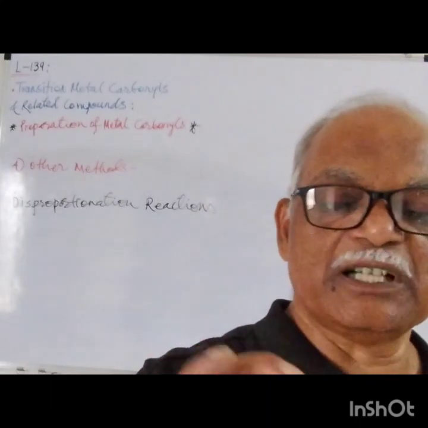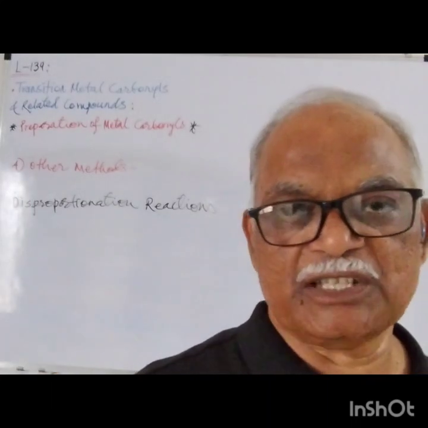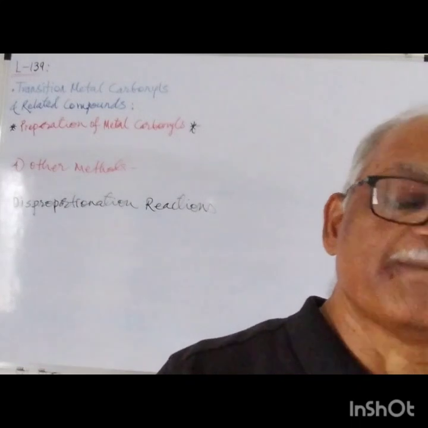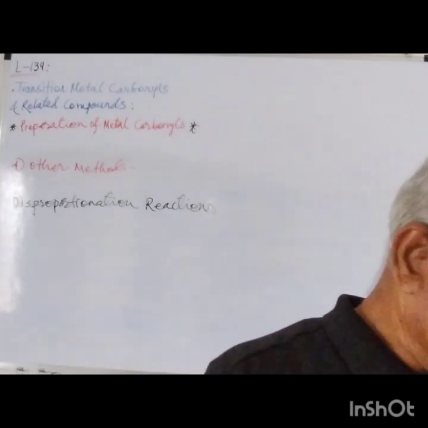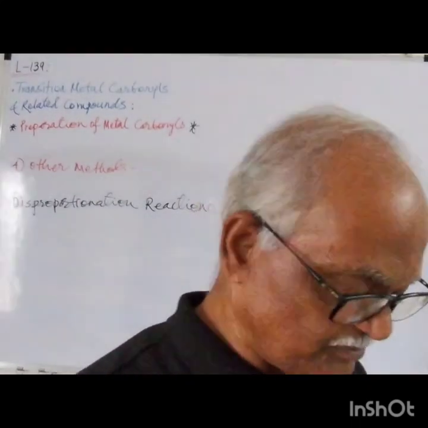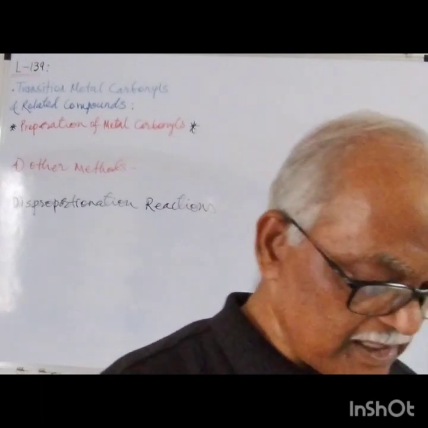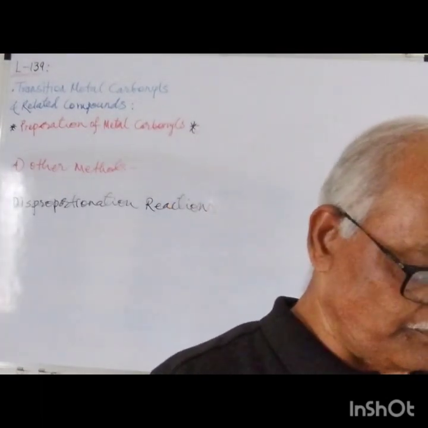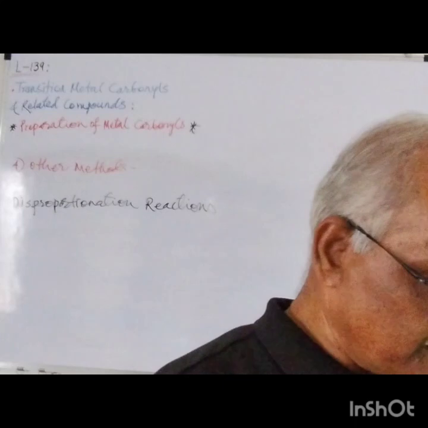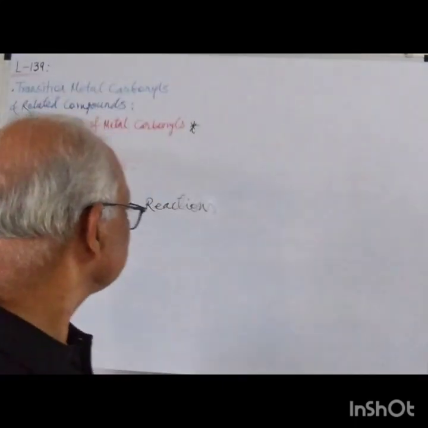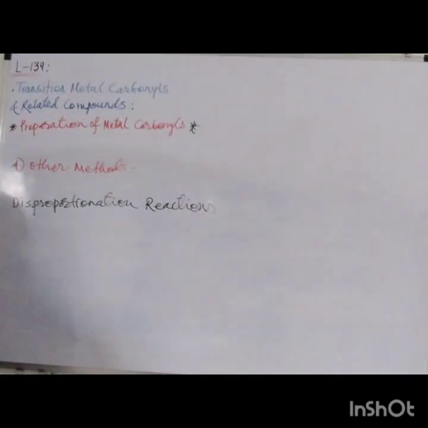Means one molecule undergoes reduction, another molecule undergoes oxidation. So that is called disproportionation reactions. That is self-oxidation reduction. So here we will see some examples.